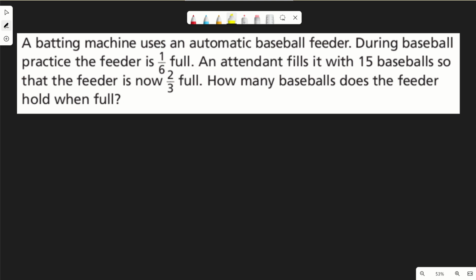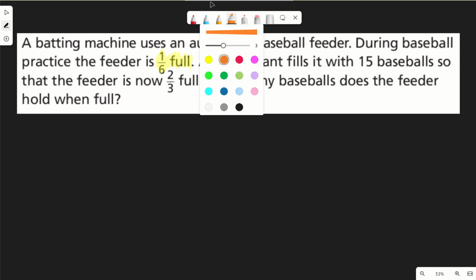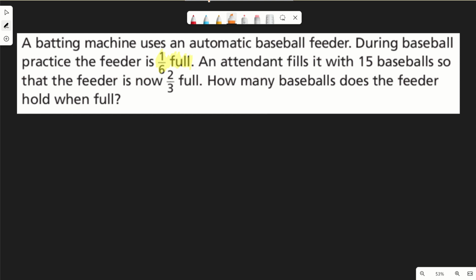Okay, so some things we know. During practice, the feeder was 1/6 full of baseballs. It had 1/6 of the total amount of baseballs. At some point during practice, the attendant fills it with 15 baseballs. What that means is we're going to be adding 15.